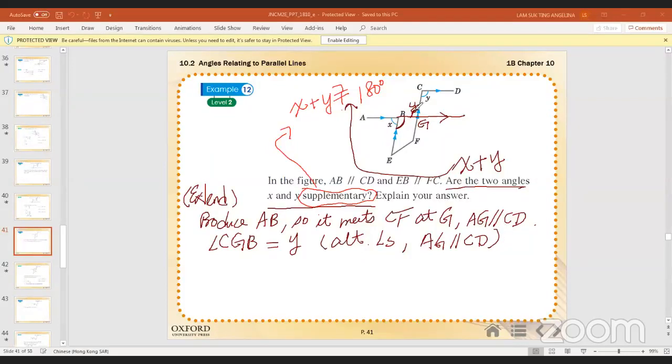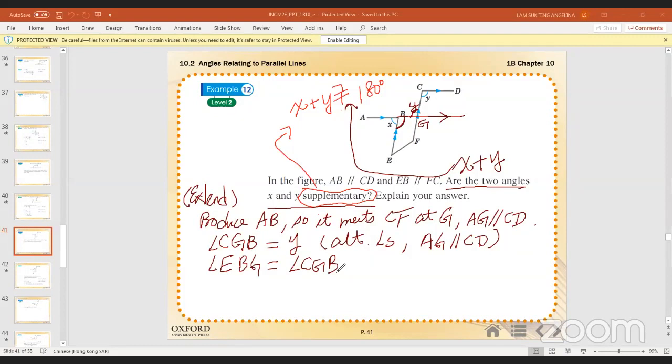And then after talking about this one, I also want to talk about this angle, angle EBG. If you want to write it in a detailed way, you can first use the name of the angle, okay? It means I am referring to these two. Because if you immediately tell people that this one equals Y, people may think that you are talking about these two angles.